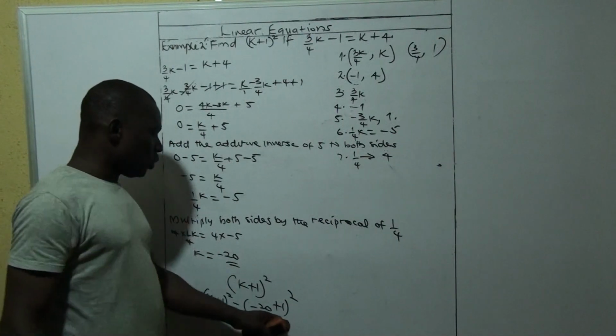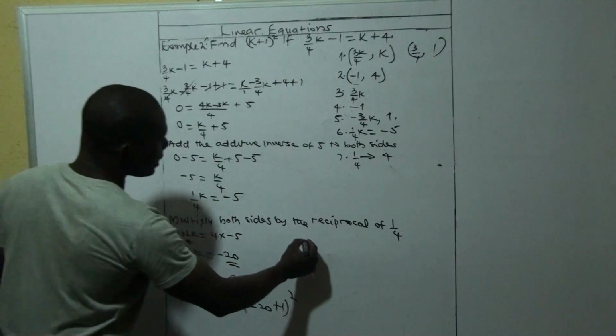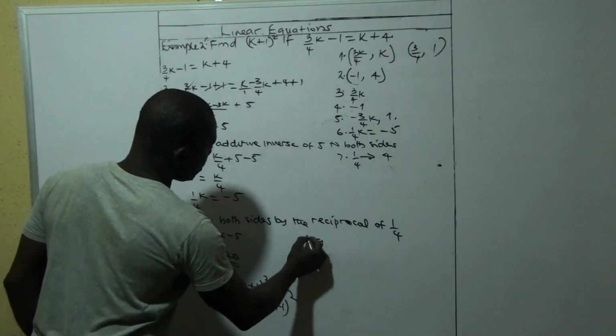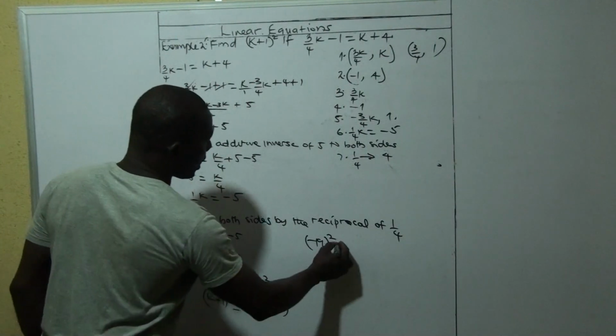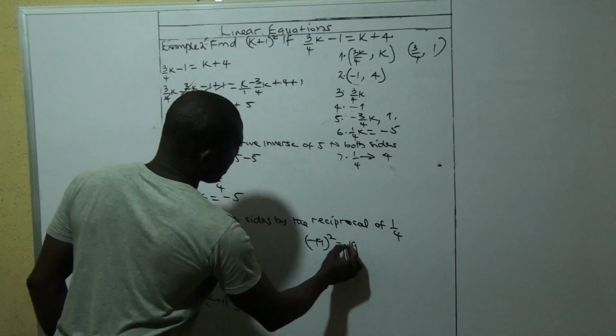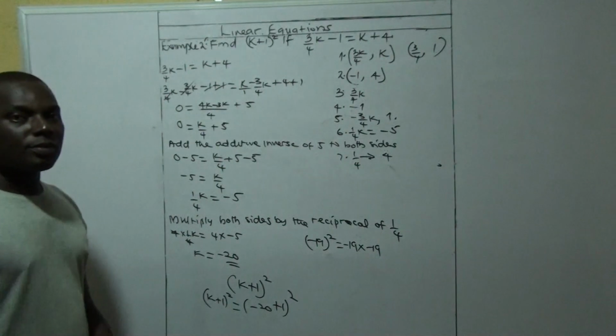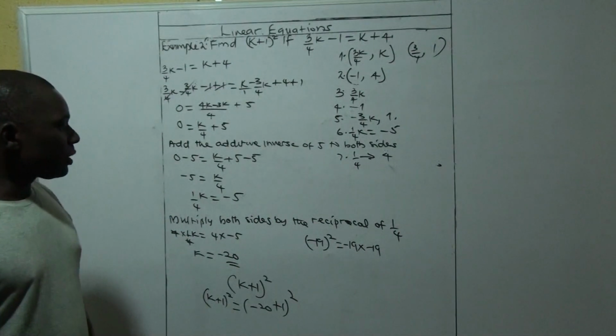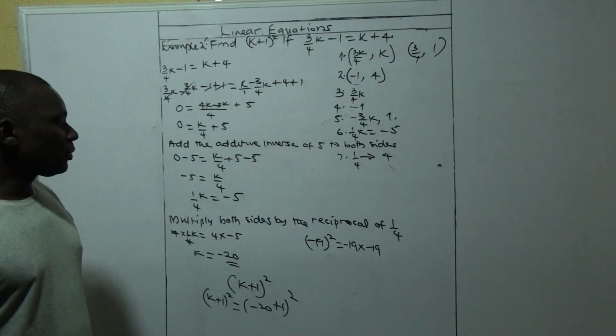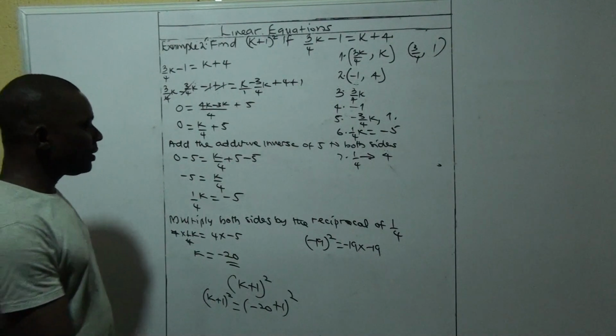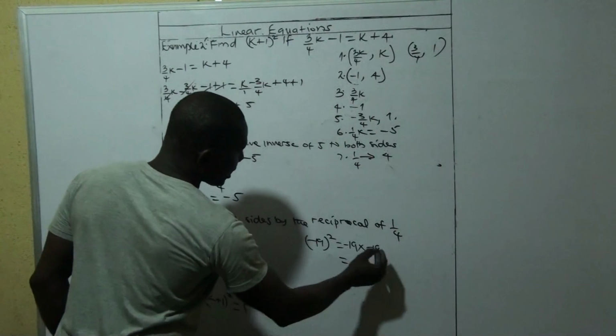Minus 20 plus 1 gives us minus 19. Minus 19 all bracket squared gives us minus 19 times minus 19.